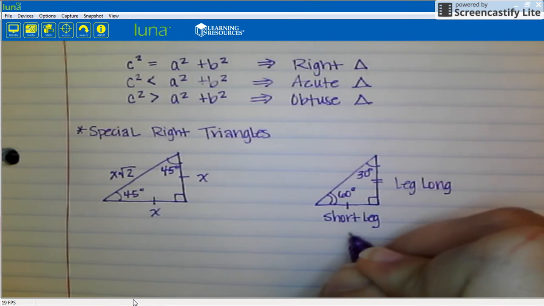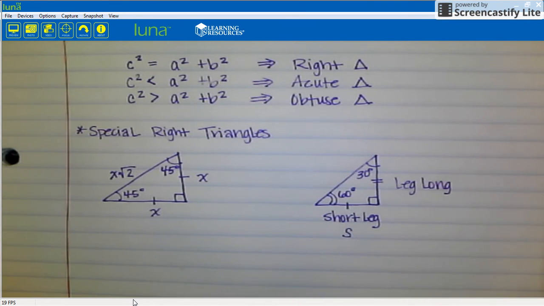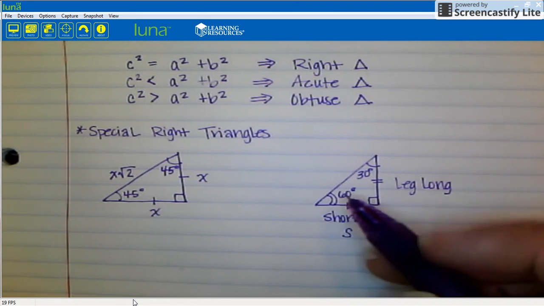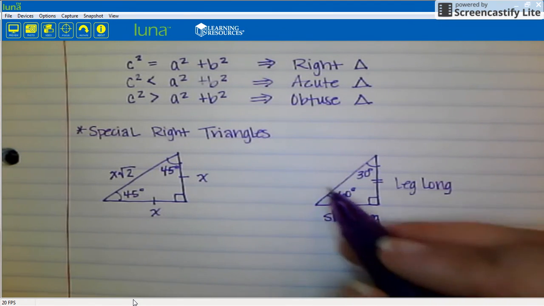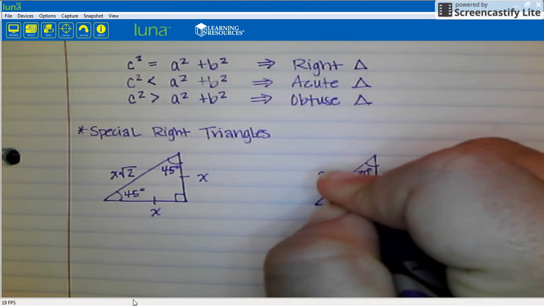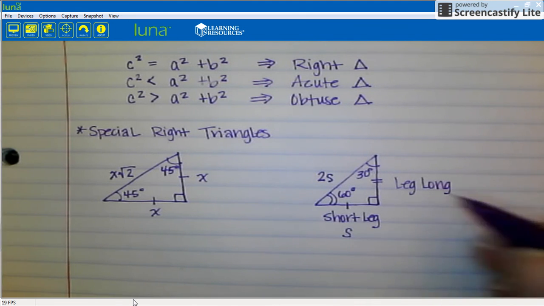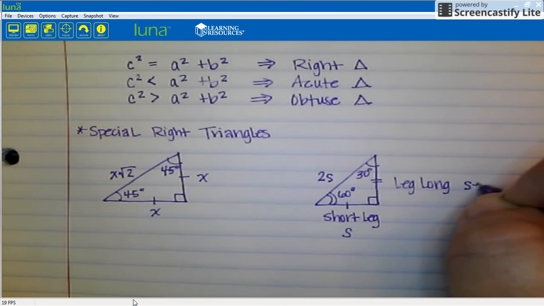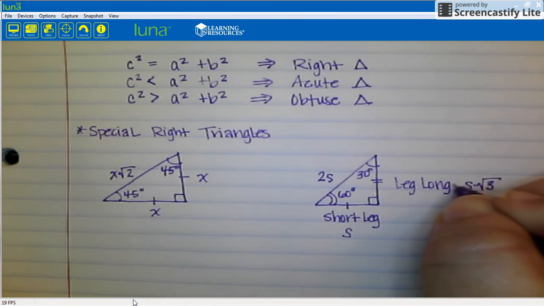If we call the short leg S, then we know that the hypotenuse is going to be twice the length of S, and the long leg is going to be S times the square root of 3.